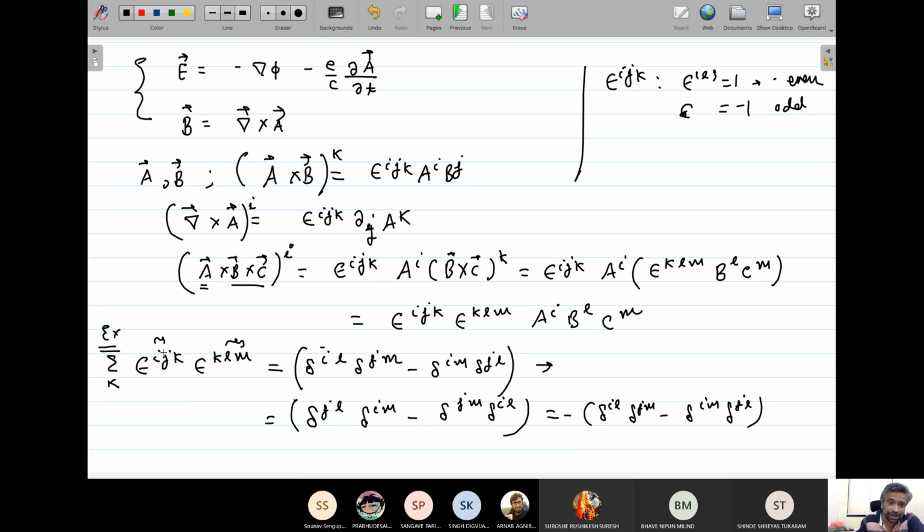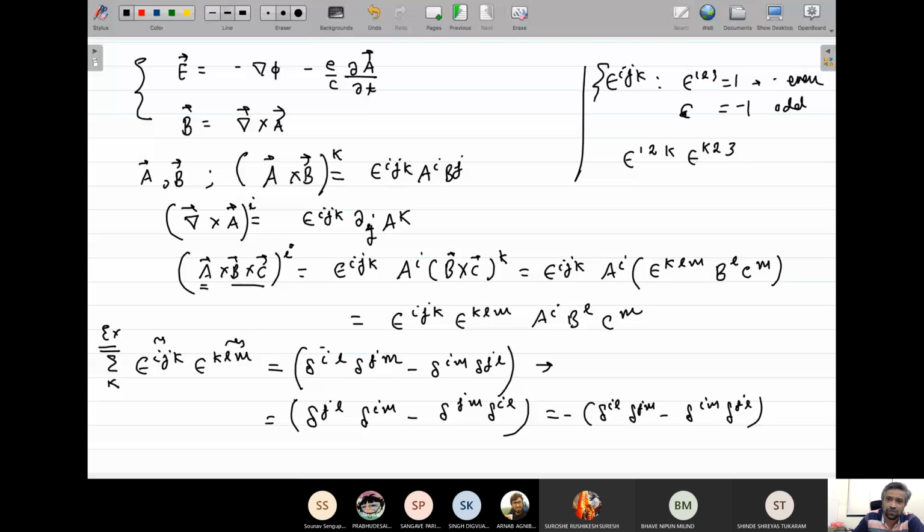On top of that, if I write it component-wise, consider epsilon with i equal to 1, j equal to 2, and k, and l equal to 2 and m equal to 3, and k.